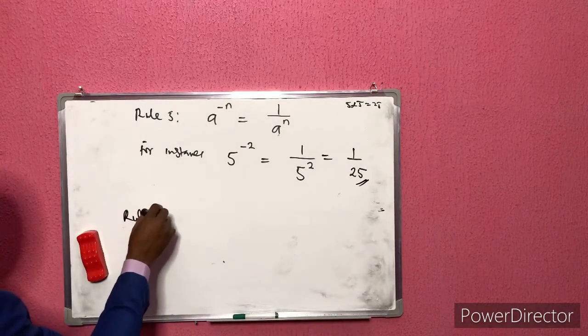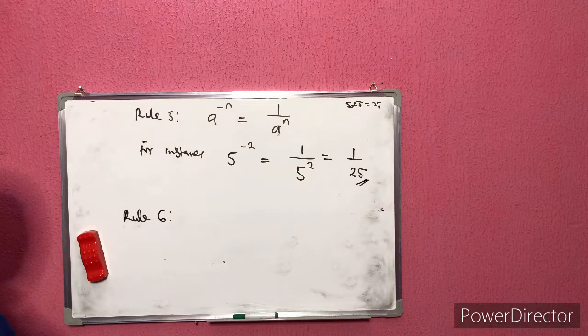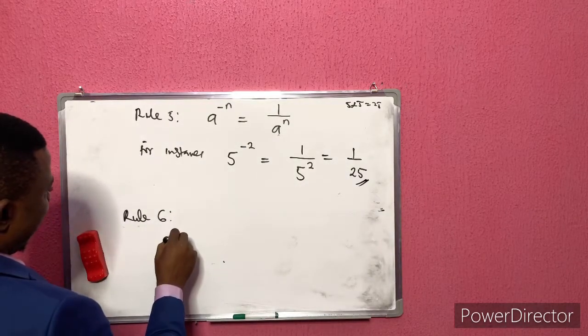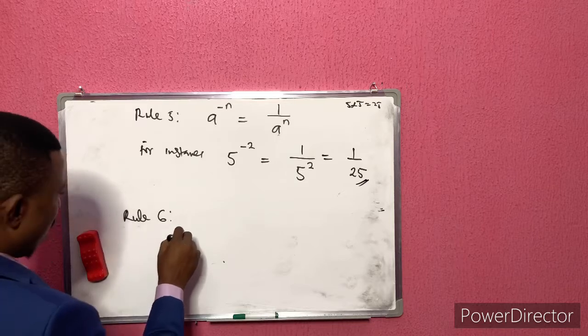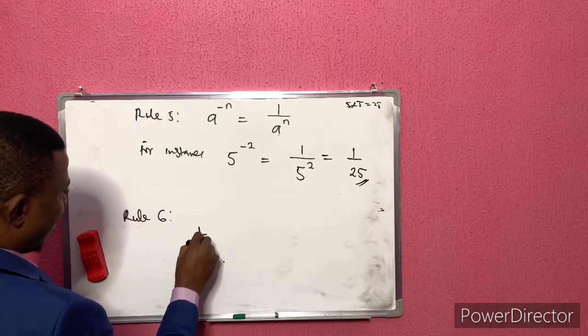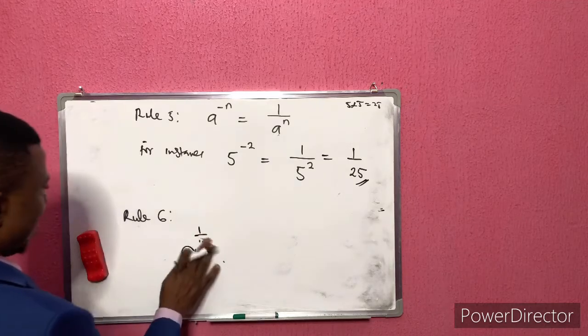Rule 6. If you have a raised to the power of, okay, let me use n.